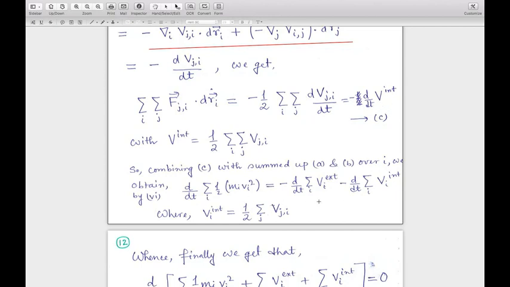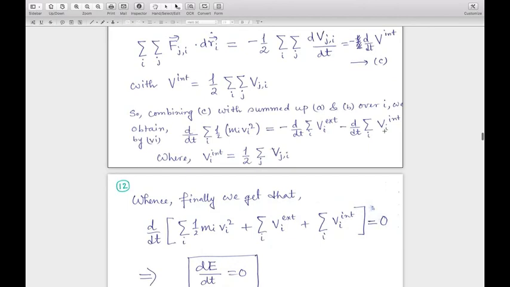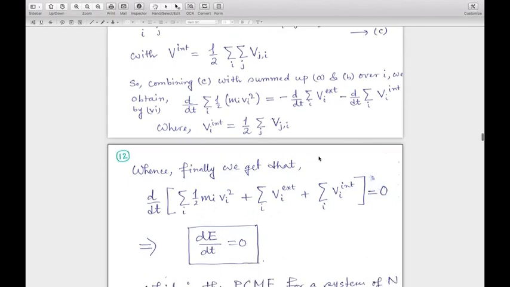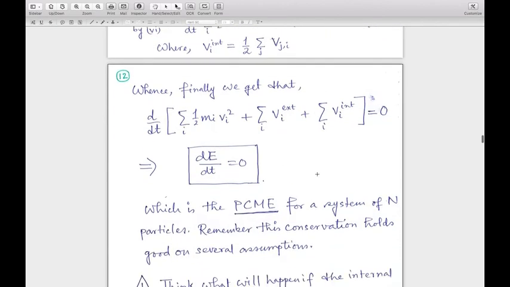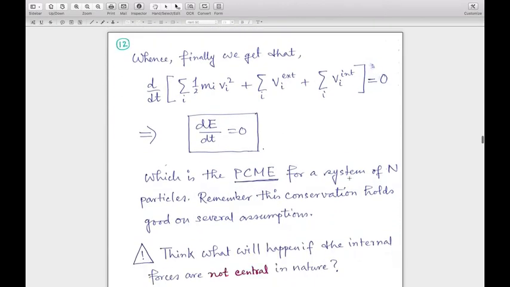So for the ith particle, the total potential energy due to interaction with all the other particles than the ith particle itself is given by Vi internal. And then you can see that the d/dt of the total quantity is 0, and this is the total energy of the system, and this is the conservation of mechanical energy for a system of n particles.